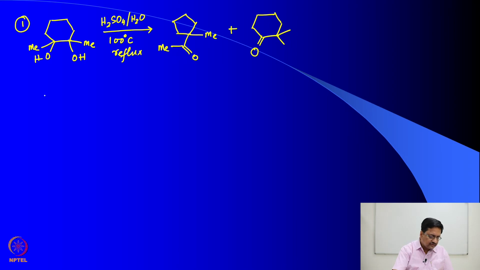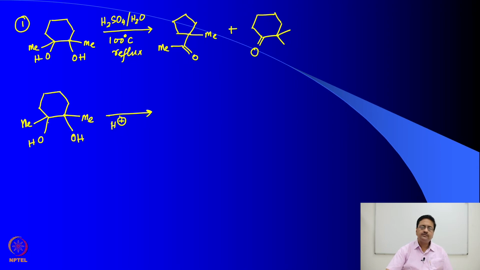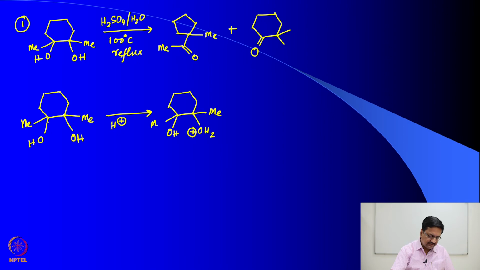So, let us try to understand the mechanism of this reaction. When you add H plus, one of the OH groups gets protonated as usual, and the corresponding methyl groups are there as usual.